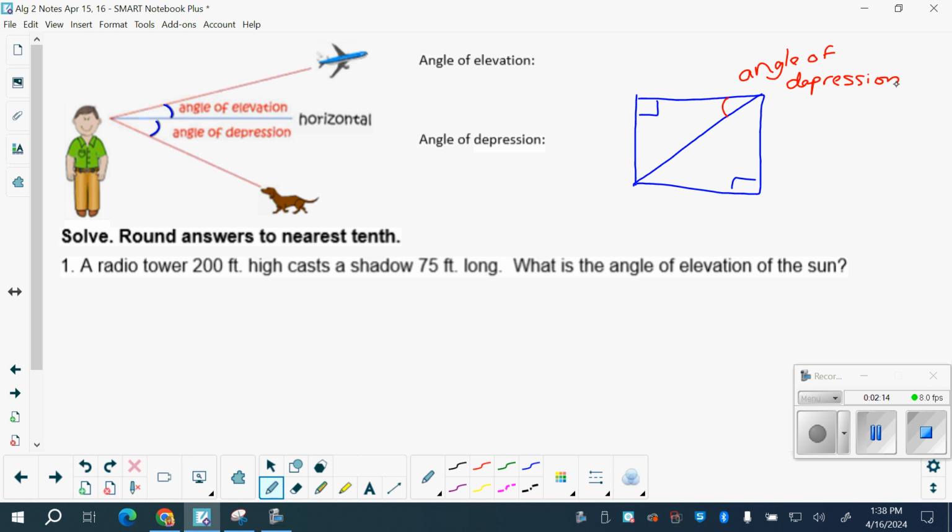And then in this triangle here, this angle here is an angle of elevation.